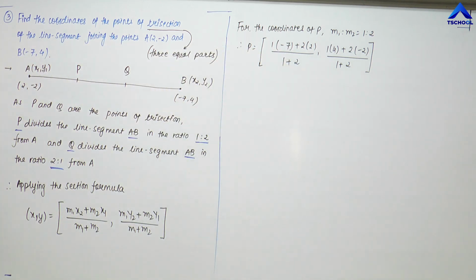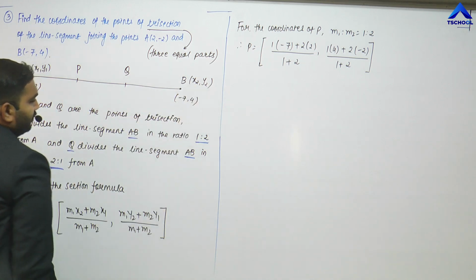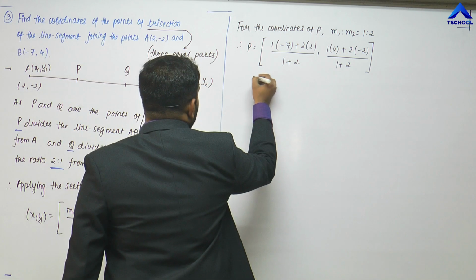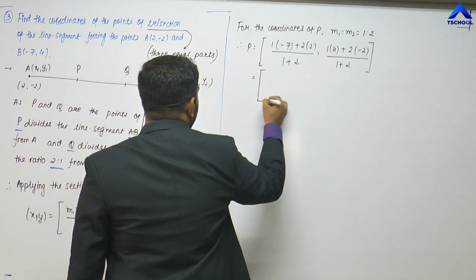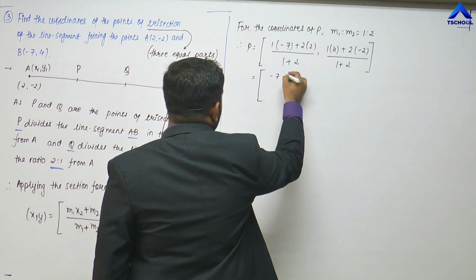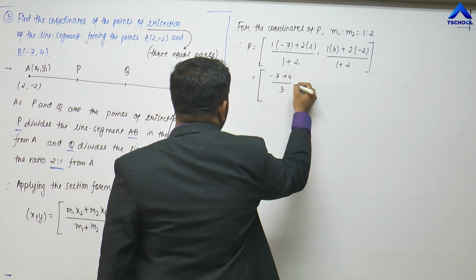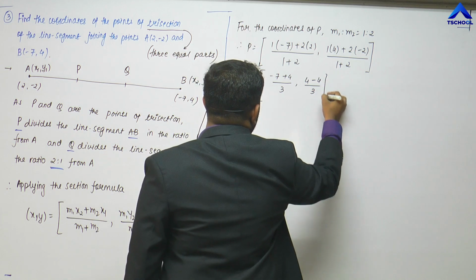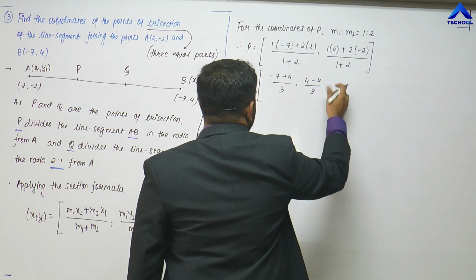You can check it out. That is x1 y1, this is x2 y2, and this is m1 is to m2. So that is 1 into minus 7 plus 2 into 2 upon 1 plus 2, comma 4 minus 4 upon 3, yes or no?